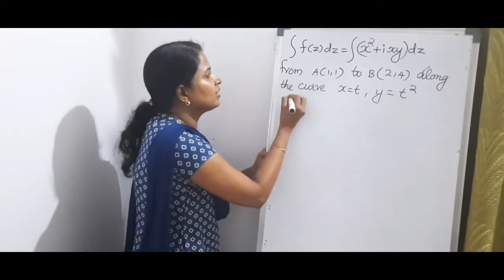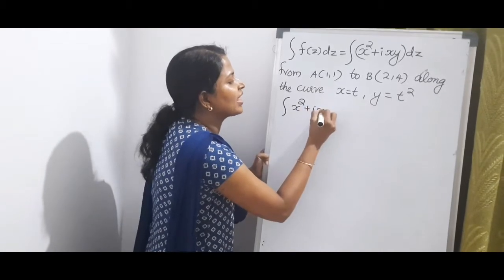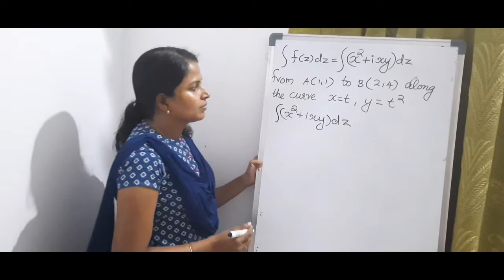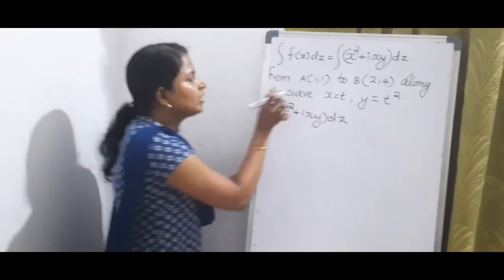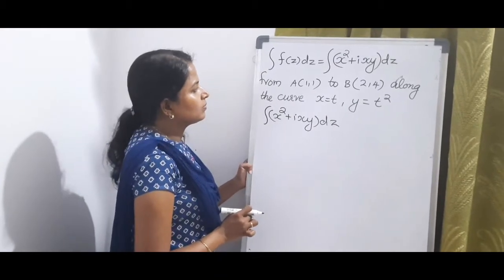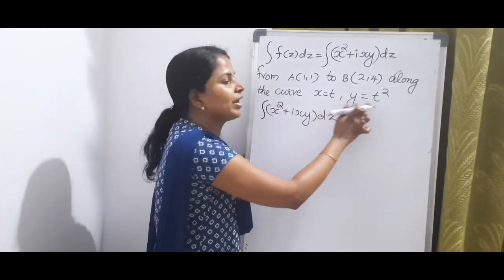Evaluate the integral of x square plus ixy dz from the point A to B. Here the curve is given, x equal to t and y equal to t square.